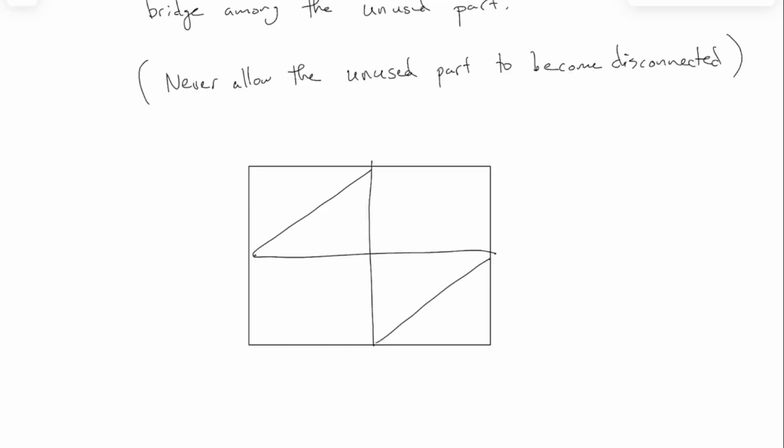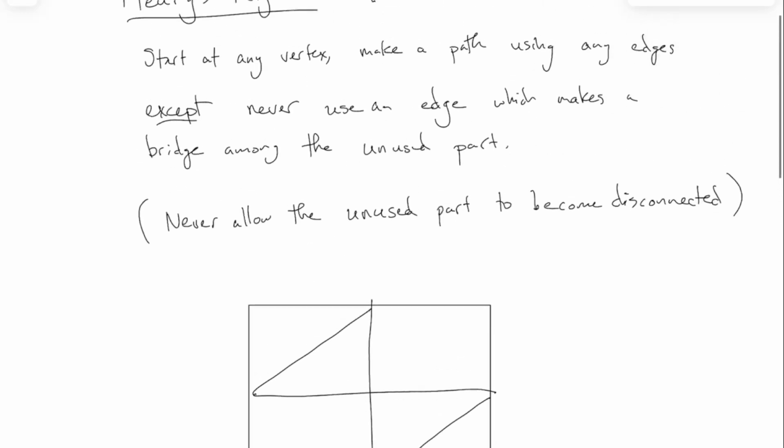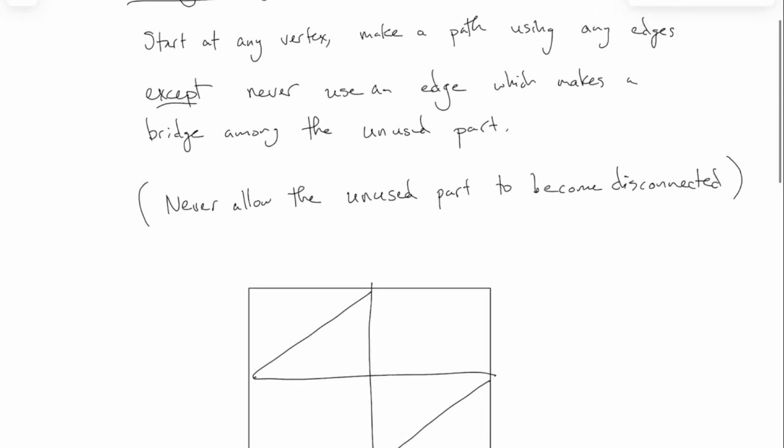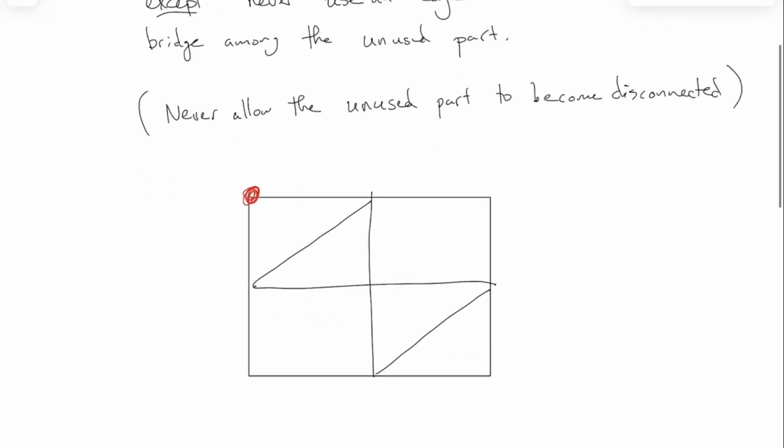All right. Let's draw an Euler circuit. So I said, start at any vertex, make a path using any edges except never use an edge which makes a bridge. Okay, so I'm going to start here, say. As I was walking around trying to help folks out, a big issue that I saw is they're like, I don't know which way to go.